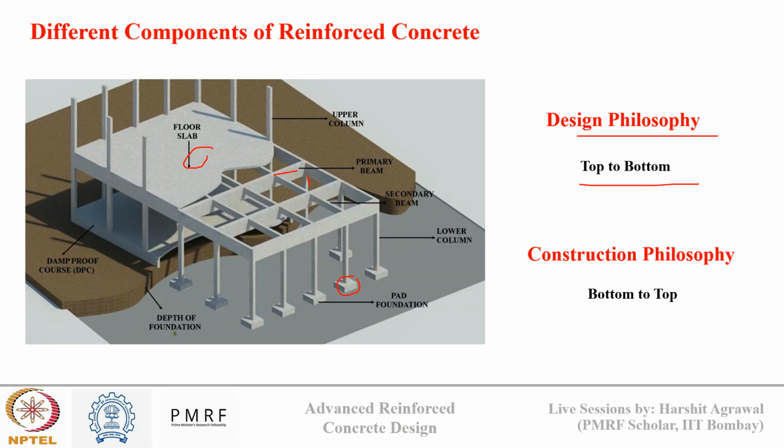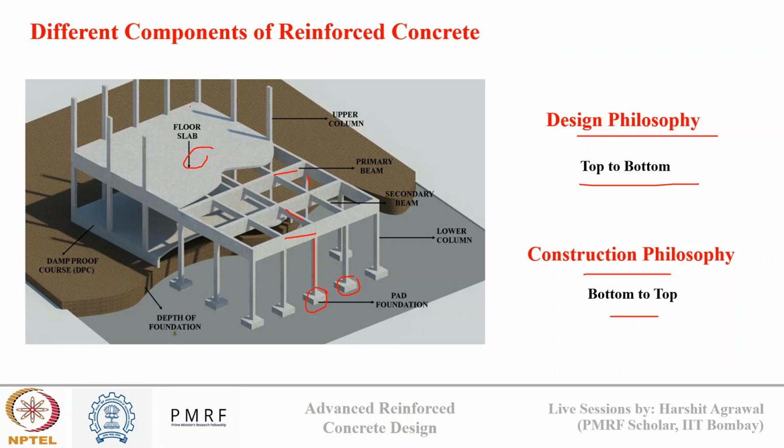However, during construction it is the opposite: first footings are laid, then columns are made, then beams, and then slabs. Therefore construction follows a bottom to top approach. Design is done from top to bottom based on how the load is distributed, and construction starts from bottom to top.